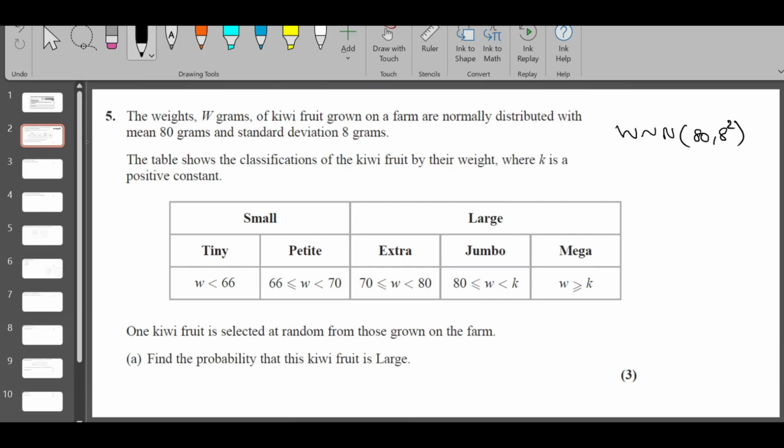One kiwi fruit is selected at random from those grown on the farm. Find the probability that this kiwi fruit is a large. In order for this kiwi fruit to be large, the weight of the fruit should be more than 70, right? So we need to find P of W is greater than 70. So apply the standardize the normal distribution.